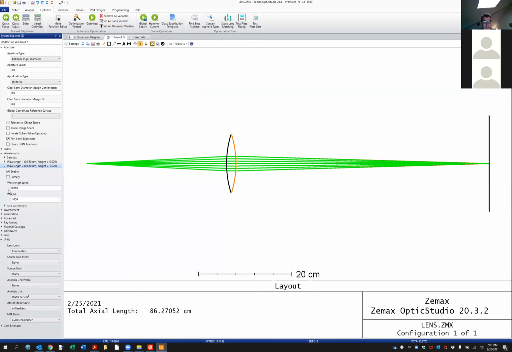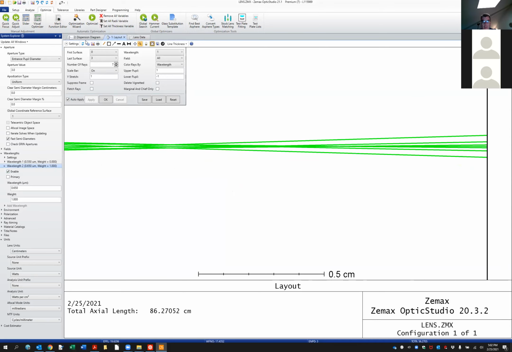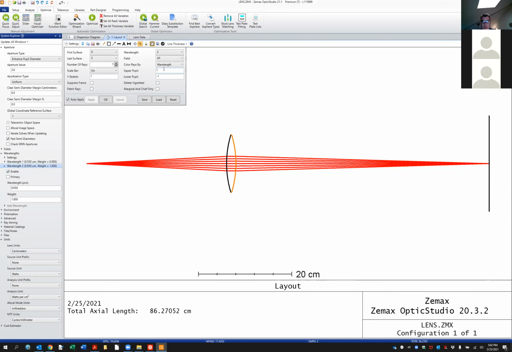What I had was, if you just look at one of the wavelengths, say wavelength 1, and we do a quick focus, you will notice that it doesn't quite come to a focus. And there's a very good reason why, because it's trying to balance wavelength 1 and wavelength 2.